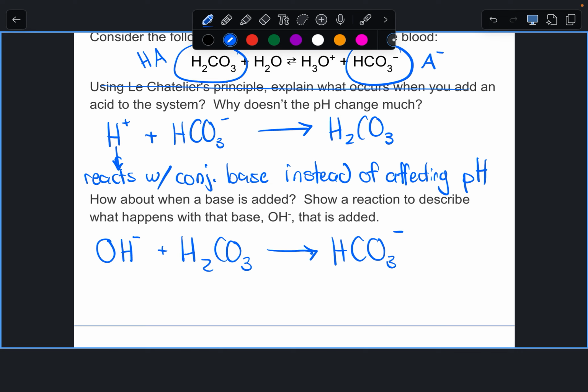So again, instead of affecting the pH, the OH minus will react with the weak acid, forming more conjugate base. So you get water out in these reactions. We could rewrite this as H3O plus so that we can specifically show the water. But you get water and a weak acid and a conjugate base instead of having acid and base just sitting there affecting the pH of this thing.